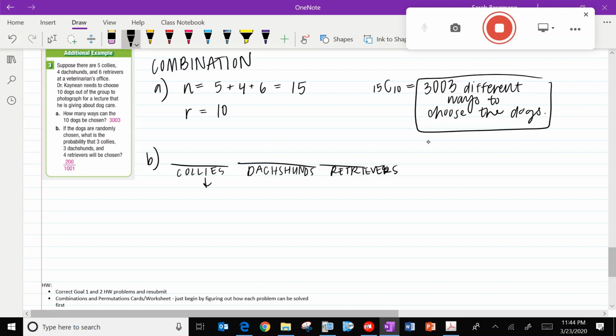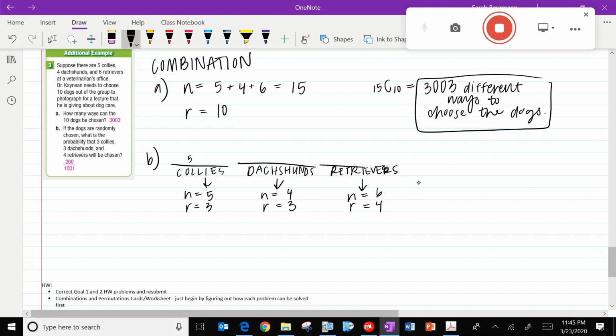Okay, so for the first one, collies, there are a total number of 5 collies, and I want to choose 3 of them. The next one, excuse me if I'm saying this wrong, but there are 4 Dachshunds, and I want to choose 3 of them. The last one, retrievers, there are 6 total to choose from, and I want to take 4 of them.